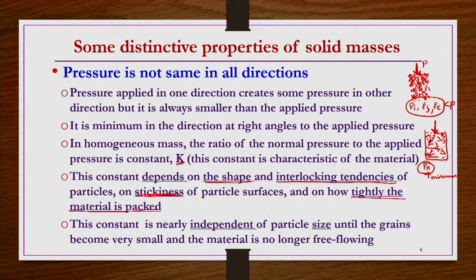This constant is nearly independent of particle size. However, until the grains become very small and the material is no longer free flowing, up to that point it may have some kind of effect. It may depend on the size of the particle, it may not. If the size of the particles or grains becomes very small, so that the material is no more free flowing, then under those conditions the constant K does not depend on the size of the particle.